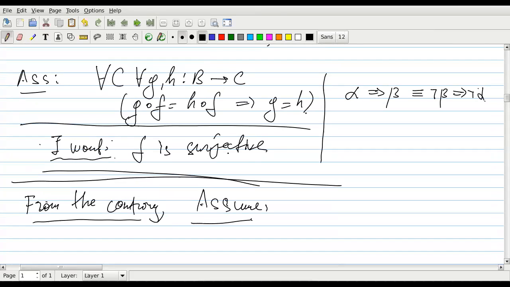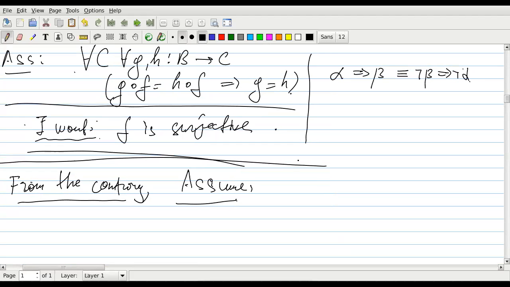If we want to prove that if this one is not true, then this one is not true, what's our assumption here? That G is not equal to H. No, our assumption is that F is not surjective. I want to prove that if this one is true, then this one is true as well.